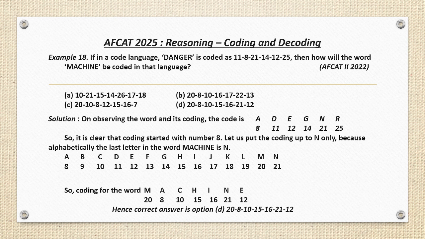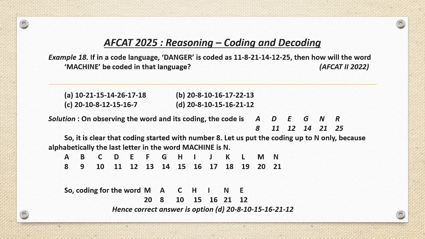So here the coding is starting from number 8. Instead of 1, they have increased it by 7 and they started it by 8. Okay. So this is the clue. So for MACHINE also, we have to code in that way, right? We will use the same A starting with 8. So let us put MACHINE, and we already know for A we have got 8, and for E we have got 12.